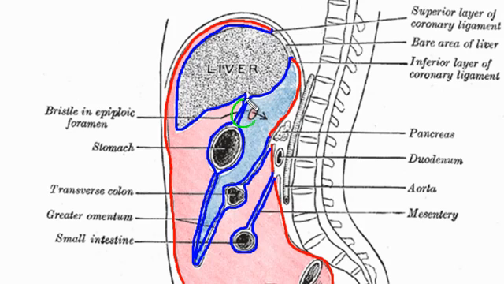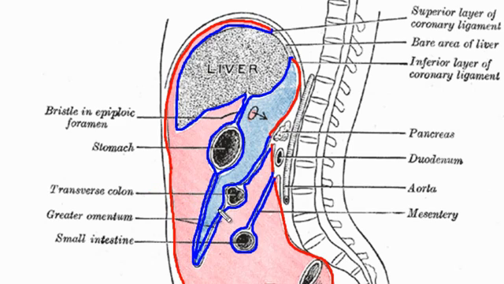This double fold of visceral peritoneum connecting the liver to the lesser curvature of the stomach is called the lesser omentum, and connecting the greater curvature of the stomach to the transverse colon is this fold of peritoneum called the greater omentum, and this loops down over the small intestines and curves back up to attach to the transverse colon.